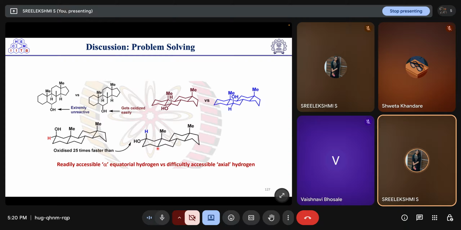That is because this equatorial hydrogen will be... this I need to check why it is like this.